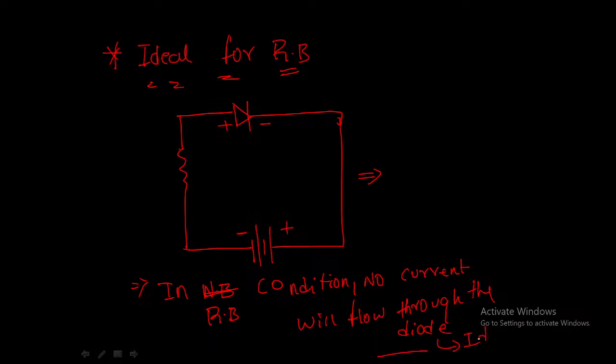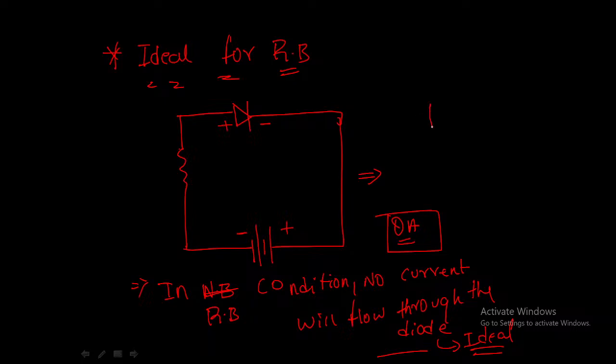So in an ideal reverse bias condition, zero current will flow through the diode. Practically speaking, a small amount of leakage current is flowing, but ideally speaking, there is no current flowing through this diode.